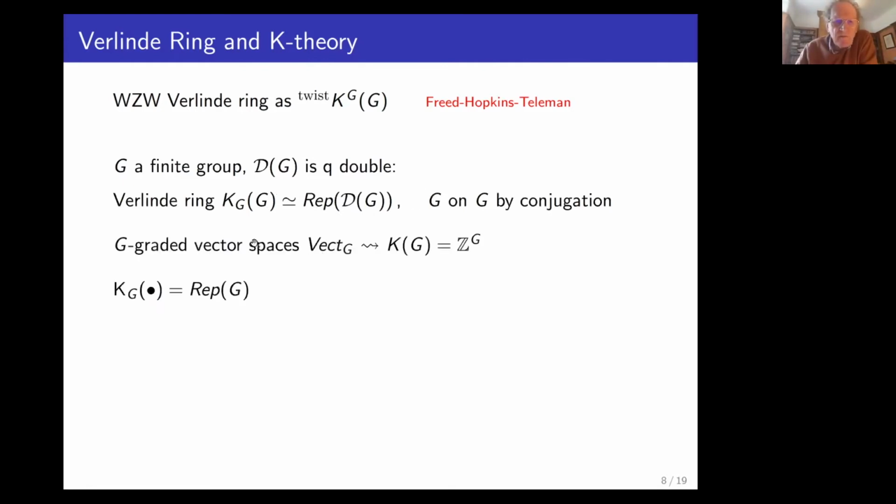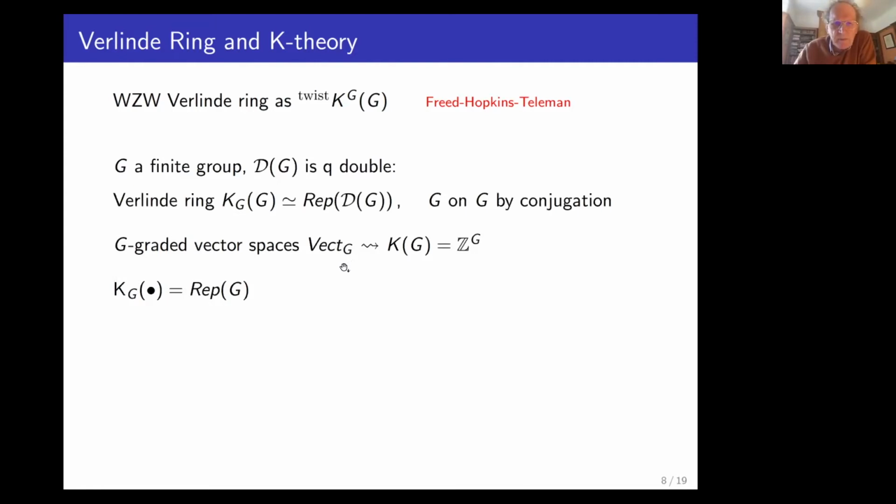So if I have just the K-theory of the space G as a set rather than as a group, this is all about vector spaces over G. So I get one copy of Z for each element in the group. So this is really G-graded vector spaces, and that's ignoring the group operation on G. But if I throw in the group operation on G, I can start multiplying these vector bundles.